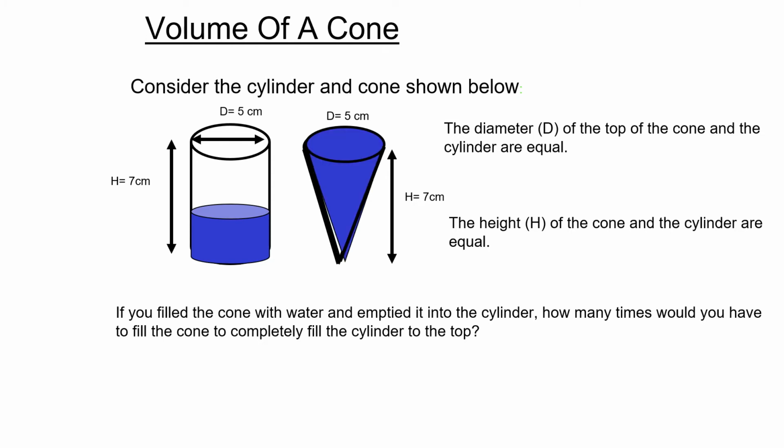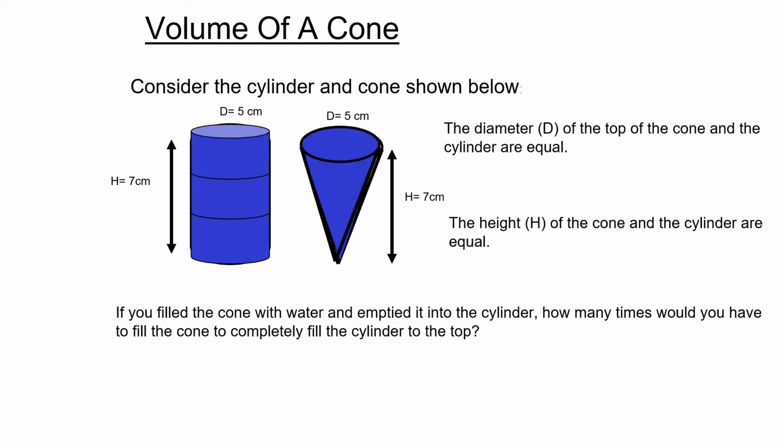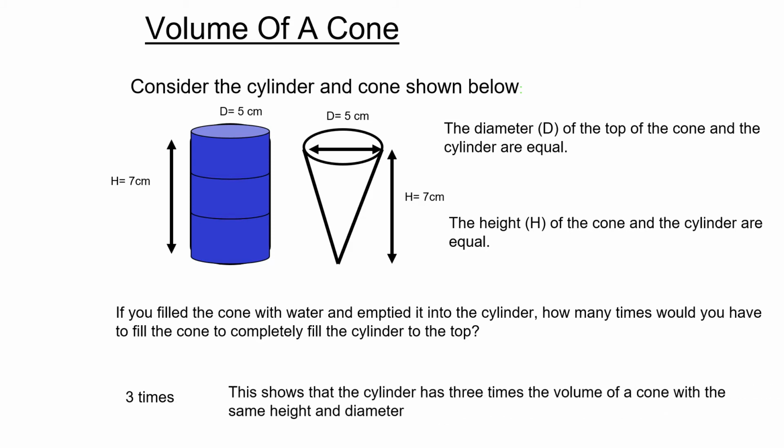Let's go again. That's two times. Let's try again. And that's three times. Therefore, we know that the cylinder has three times the volume of a cone with the same height and diameter. If our diameters are the same, we know that our radius will also be the same.